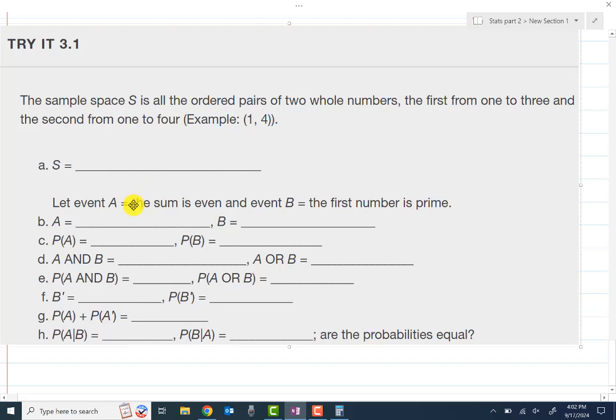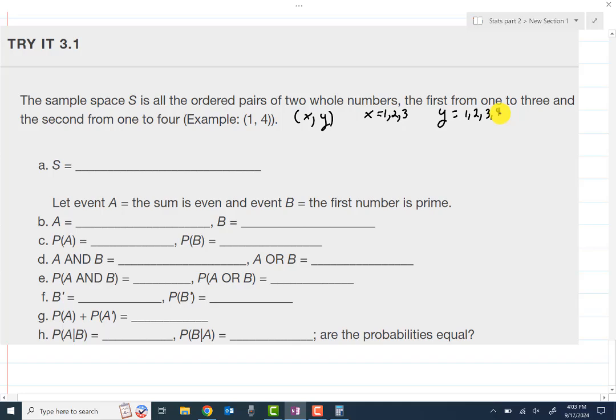So basically, this example is perfect. We're going to have x, y, and x can equal 1, 2, or 3, and y can equal 1, 2, 3, 4.